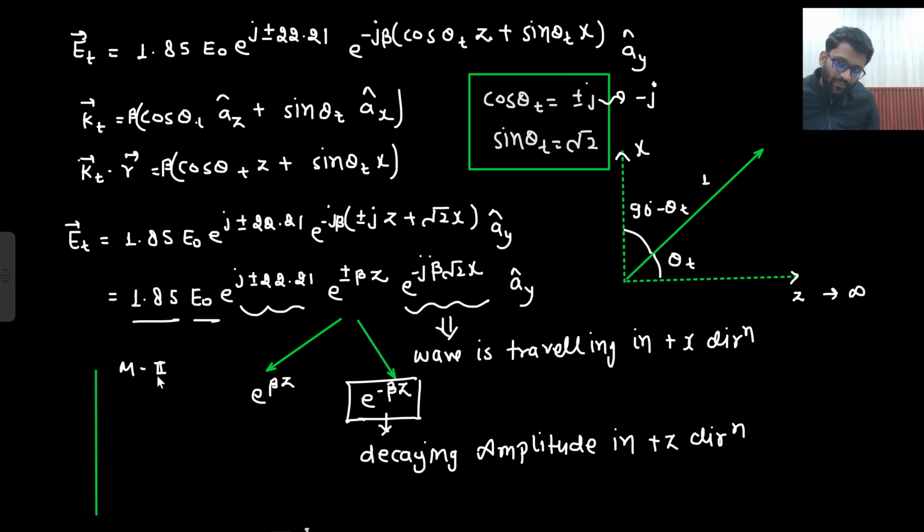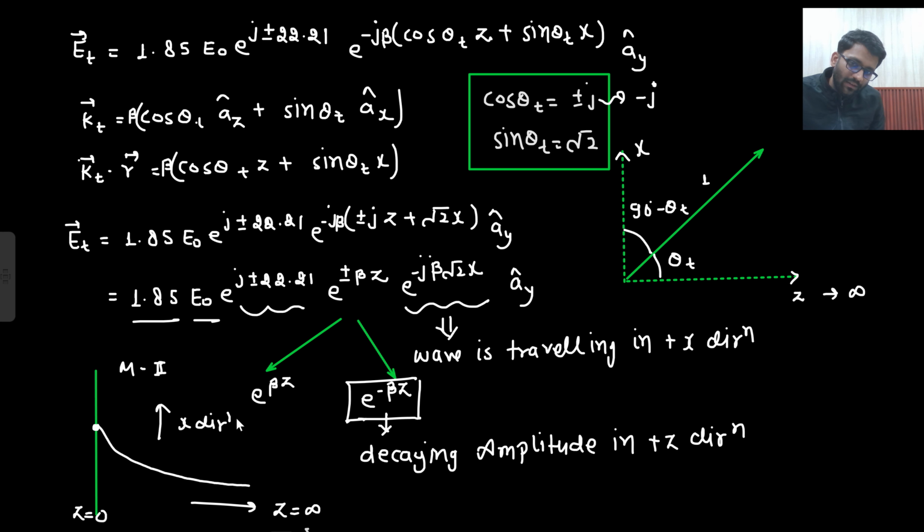So here I will have the maximum field at z equals to 0, and I am going towards z equals to infinity. So here the magnitude will be maximum and slowly it would be decaying. And this magnitude of wave will be traveling in x direction. This will be my field in medium 2.